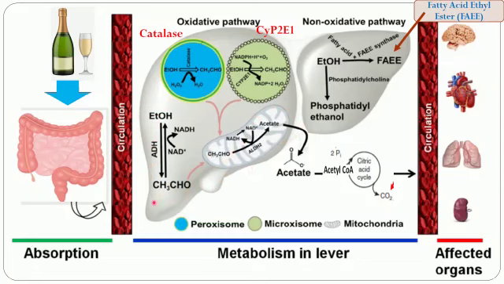Now, if alcohol consumption is large, then two other cell organelles come into the picture, the peroxisome and the microsome. So there are three organelles participating: mitochondria, microsome and peroxisome.